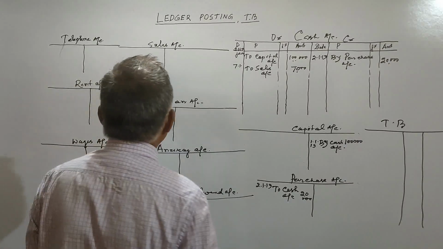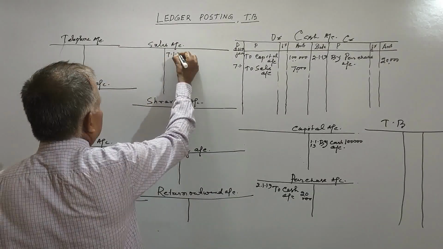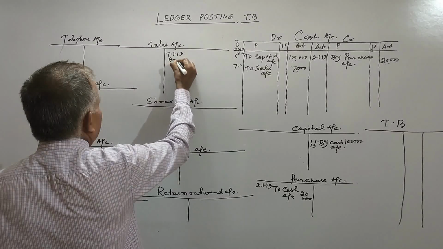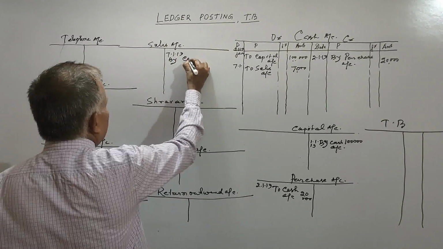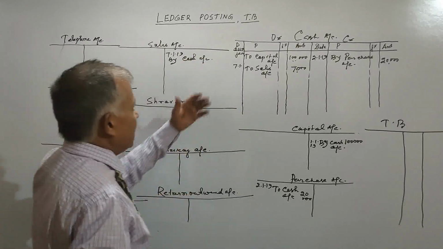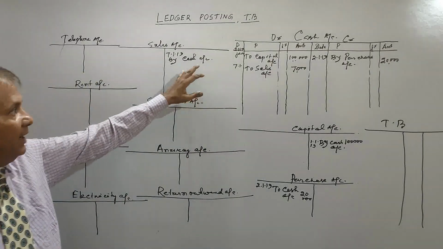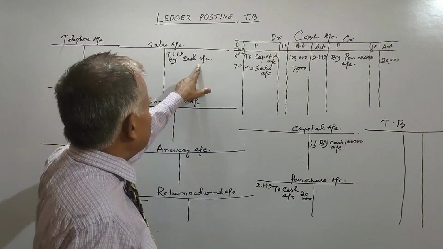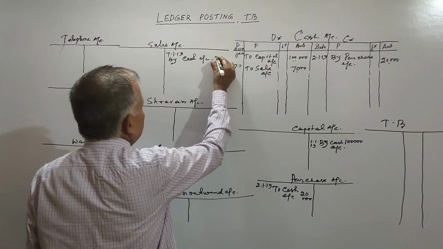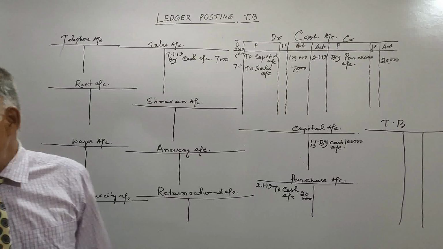In the sales account you write the other account, that is by cash. In sales the other account is cash. And every debit has a credit. So you write 7,000 here.